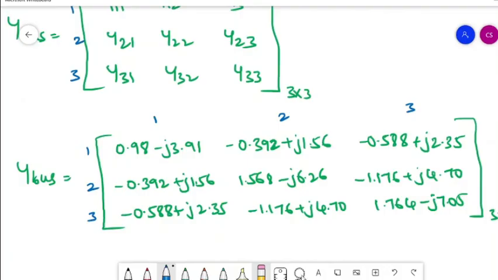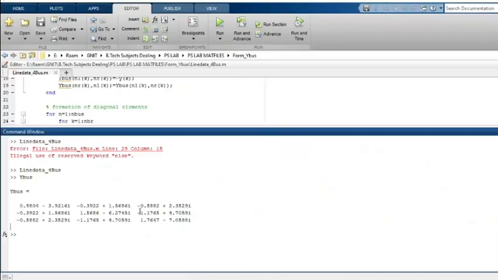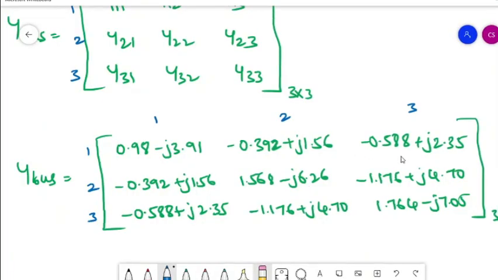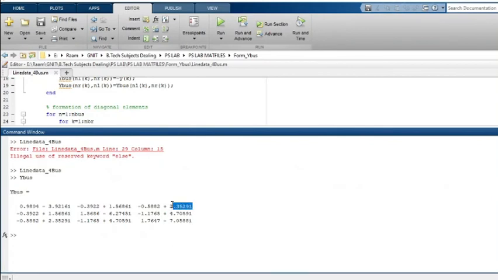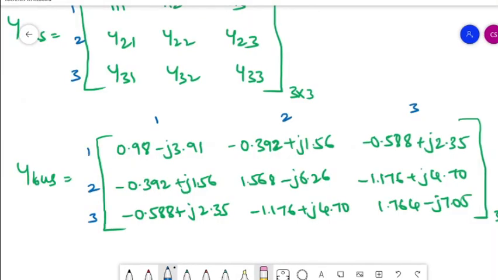Next, Y12 is minus 0.392 plus j 1.56, correct? And Y13 is 0.588 plus j 2.35, 0.588 plus j 2.35. Okay. Similarly here also, capital Y21 is minus 0.392 plus j 1.56, correct?